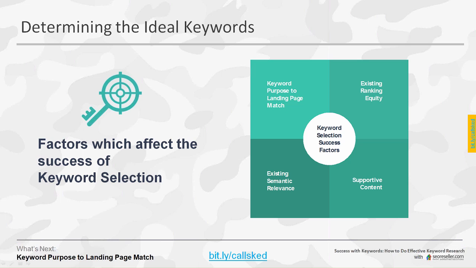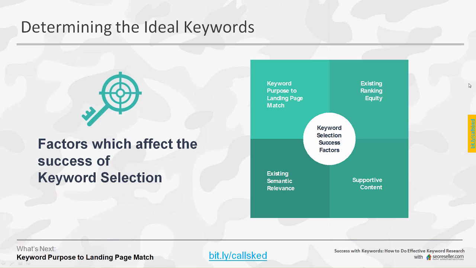The keyword will usually have existing ranking equity. If the keyword has existing semantic relevance, your chances for a successful campaign are higher. And if the keywords are already supported by incumbent content on the website, then your potential for success is even higher. So I'll just repeat the four. Keyword to purpose landing page match, existing ranking equity, existing semantic relevance, and supportive content.